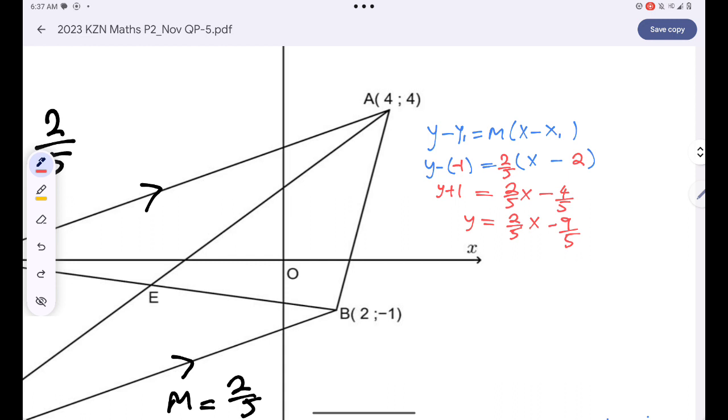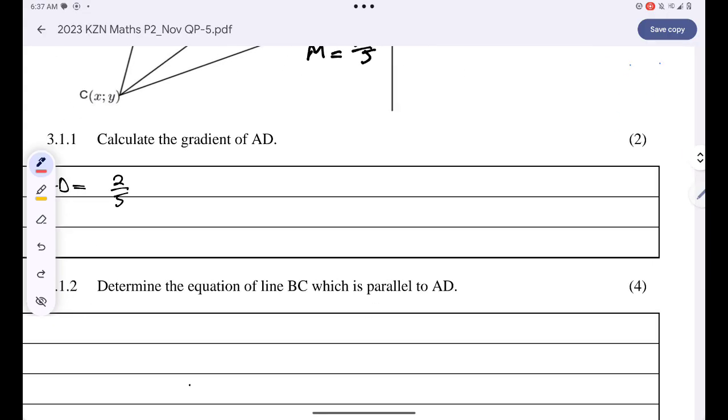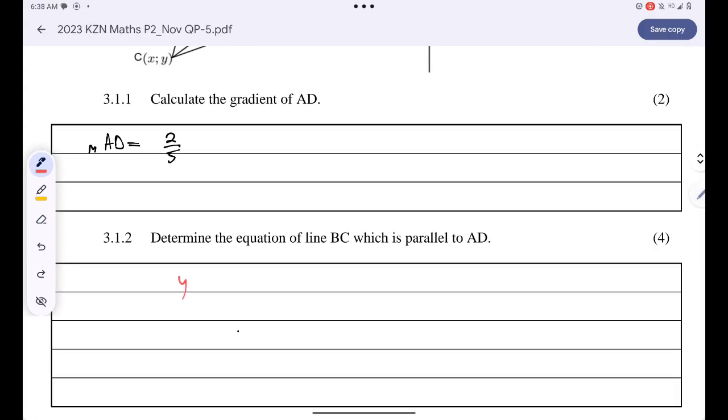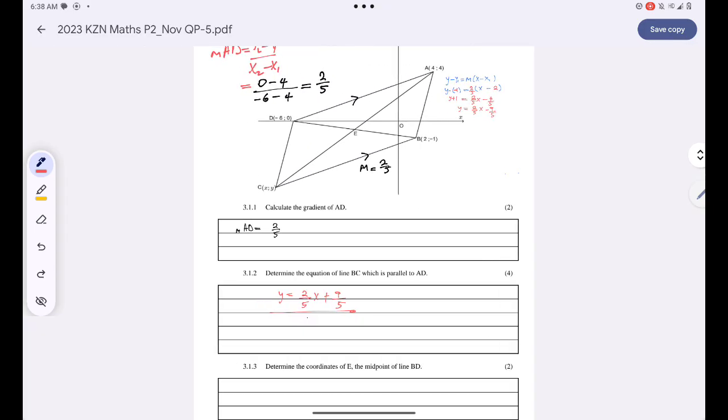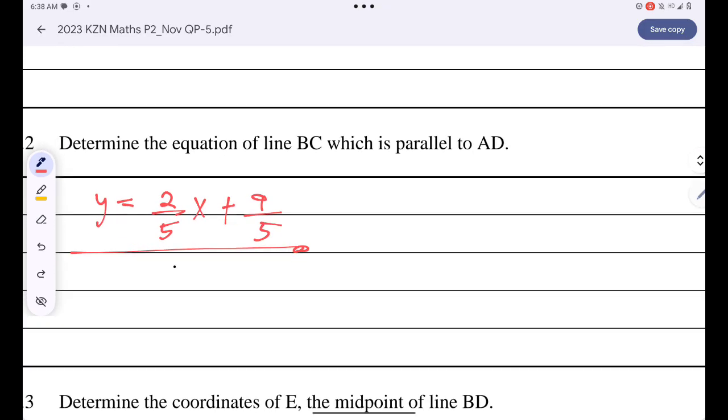Yeah, that's 9 over 5. So the equation of my line y is simply 2 over 5x minus 9 over 5. This is the equation of my line. No, it's not plus, man, it's negative.